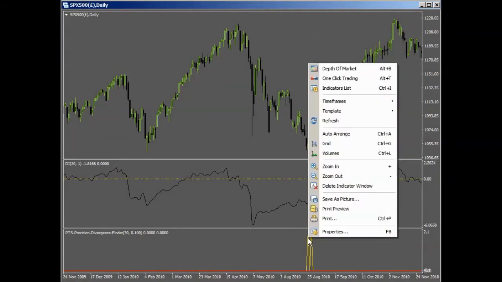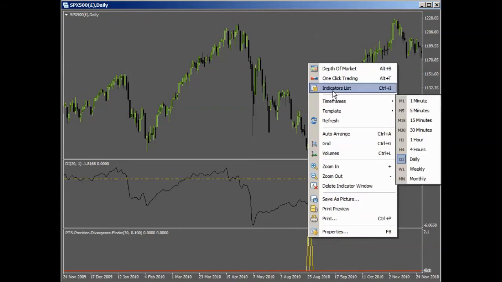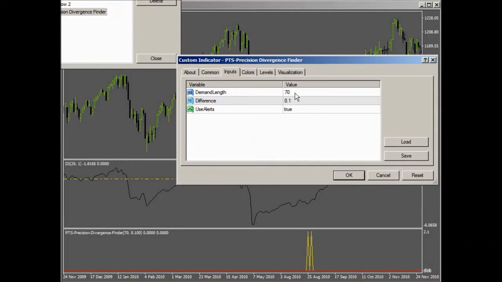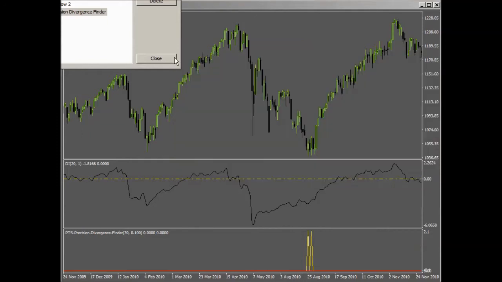If you edit the Divergence Finder as well, length 30. Now if I leave this difference at 0.1, we're going to see many divergences now.